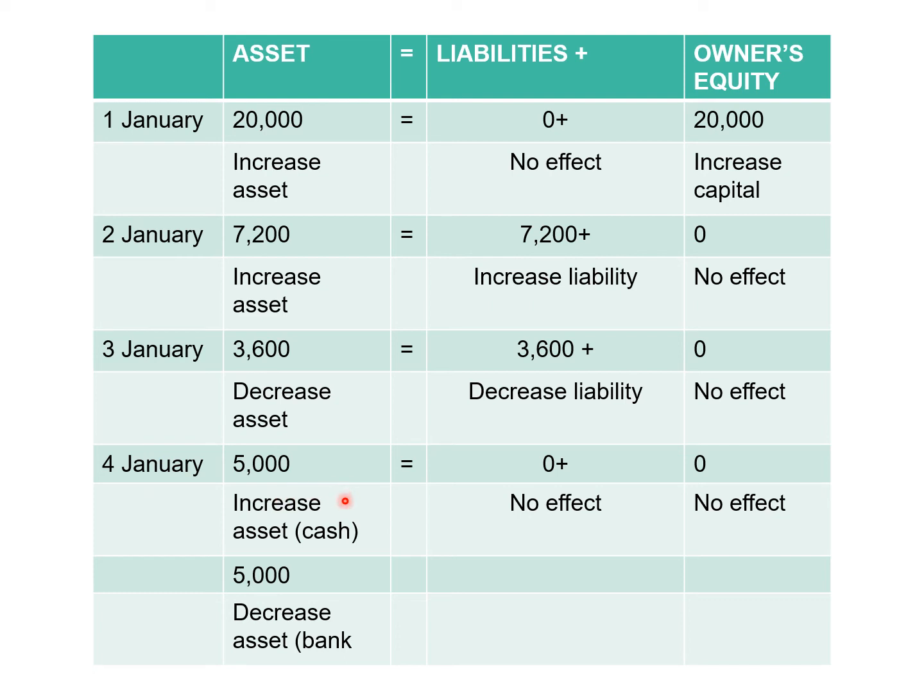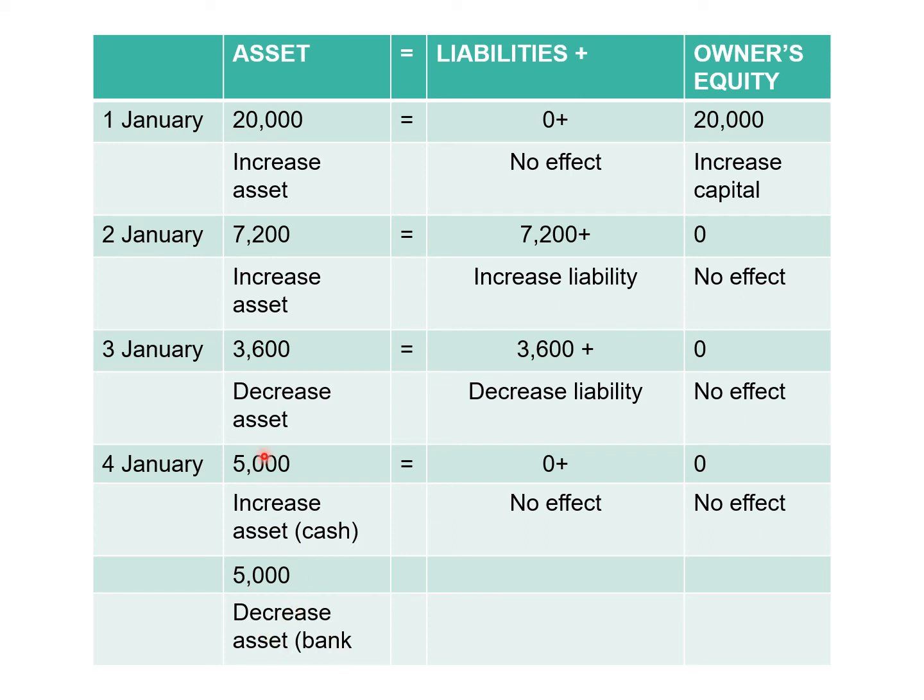Okay. And untuk 4th of January, what happened was that dia ambil duit daripada bank, masuk ke dalam cash sebanyak 5,000. So what happened is here dia akan increase 5,000 which is increase asset, cash dia yang naik 5,000. Dan account bank dia akan turun 5,000. So decrease asset at the same time. So increase asset ni sebab cash naik. Decrease asset ni sebab bank turun.